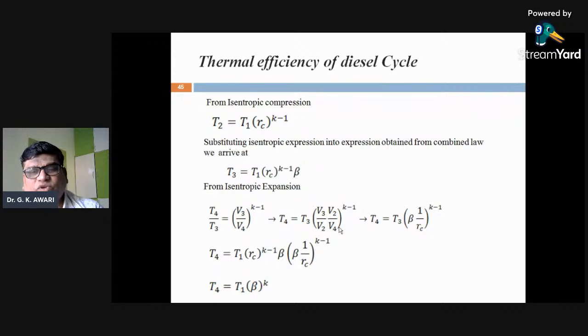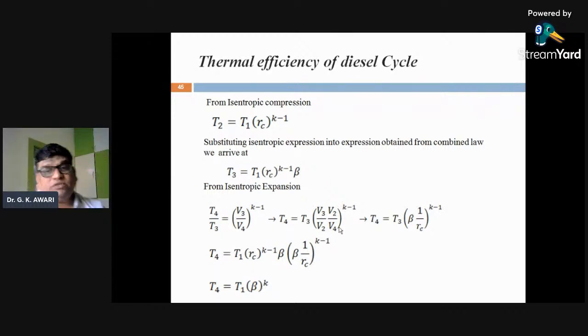Therefore T4 is equal to T3 (V3 by V2)(V2 by V4) to the power of gamma minus 1. Therefore T4 is equal to T3 into (beta times 1 by RC) to the power of gamma minus 1, and then rearranging this term, T4 is equal to T1 RC to the power of gamma minus 1 beta multiplied by (beta by RC) to the power of gamma minus 1.